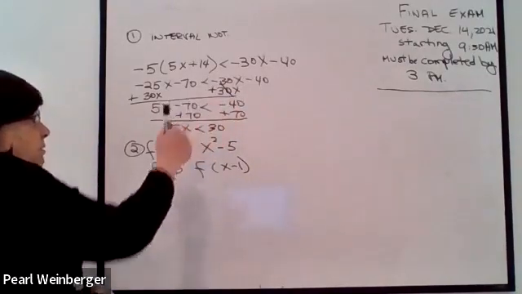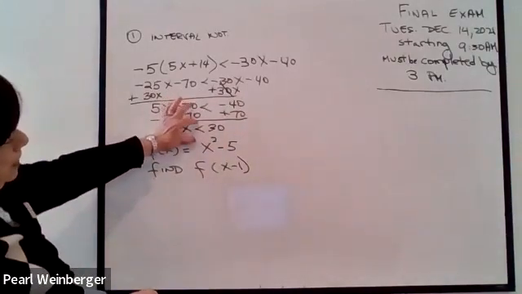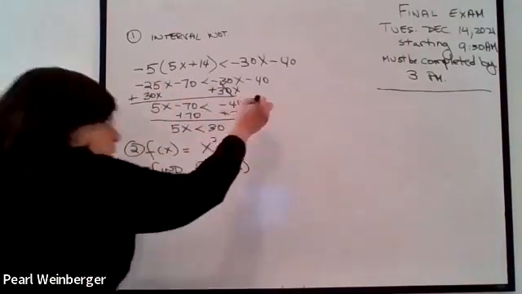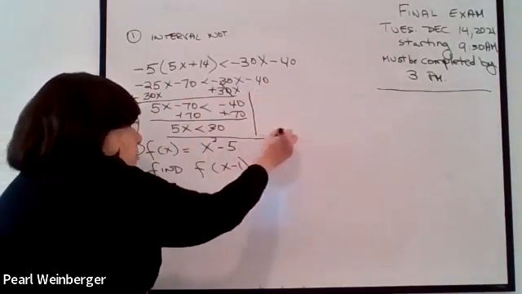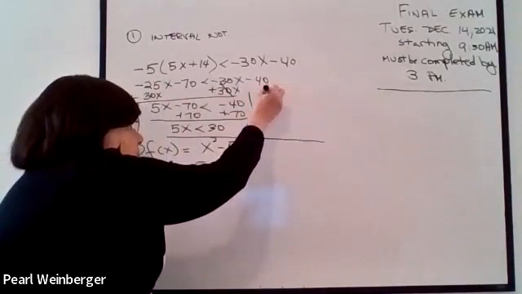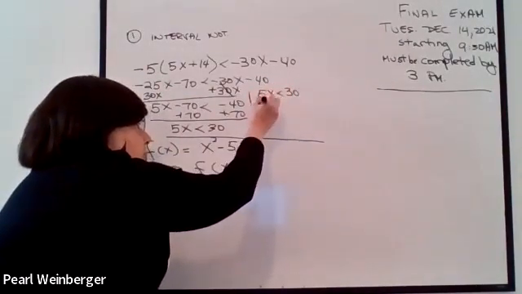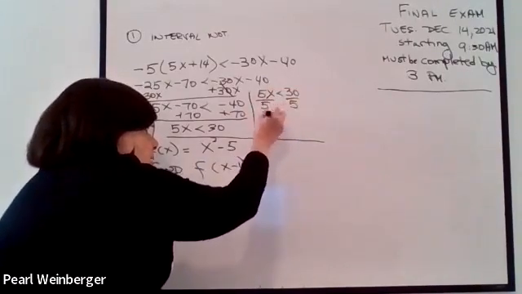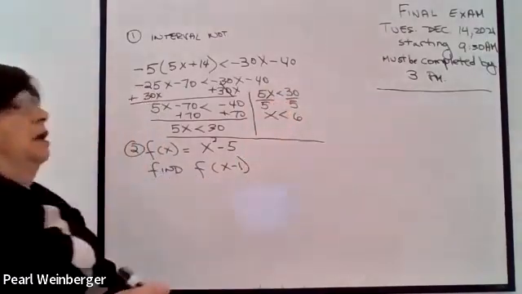Notice in each case, I have kept the sense of the inequality, the direction of the inequality, the same. So if I have 5x less than 30, I'm going to divide both sides by 5 to get the x alone. And that'll give me x less than 6.